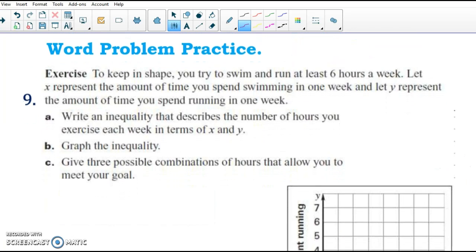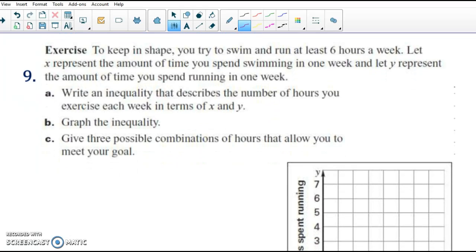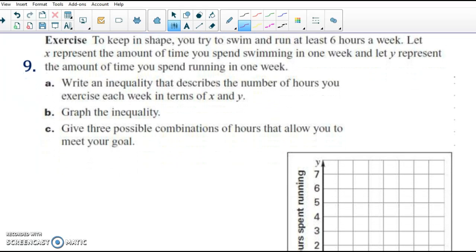All right, we can't leave word problems off, so let's practice a word problem here. To keep in shape, you try to swim and run at least 6 hours a week. Let X represent the amount of time you spend swimming in 1 week, and let Y represent the amount of time you spend running in 1 week. Write an inequality that describes the number of hours you exercise each week in terms of X and Y. So I'm going to take this part here, at least 6 hours.